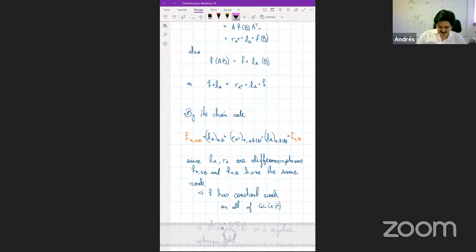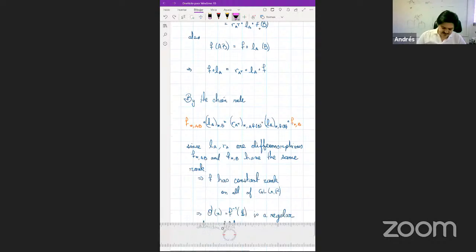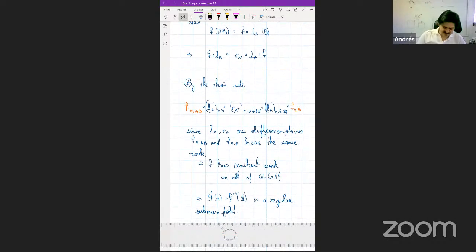For any matrix in GL, the differential will have the same rank. Hence, by the previous theorem, this is a submanifold. Because we needed the function to have constant rank on a neighborhood of ON. And we do.